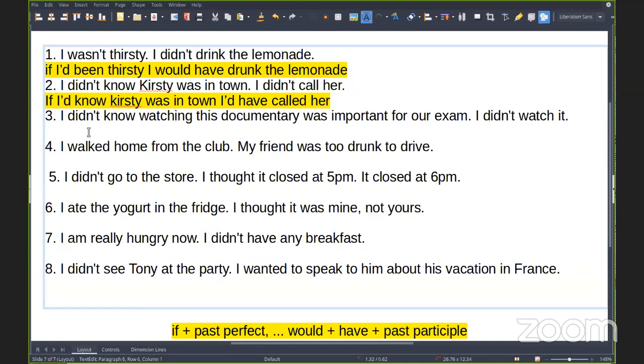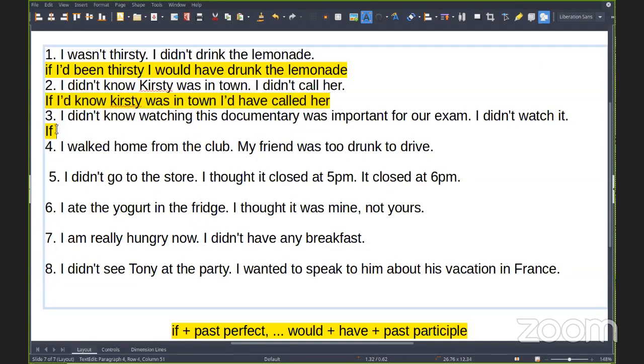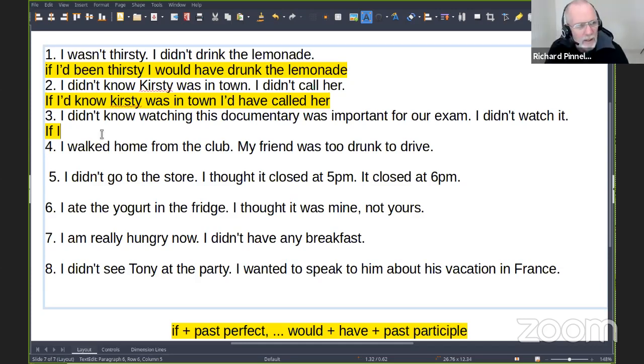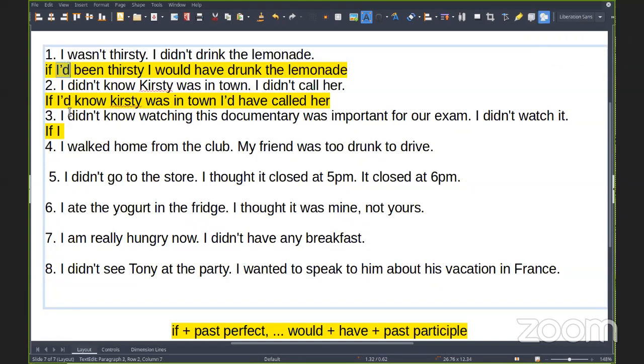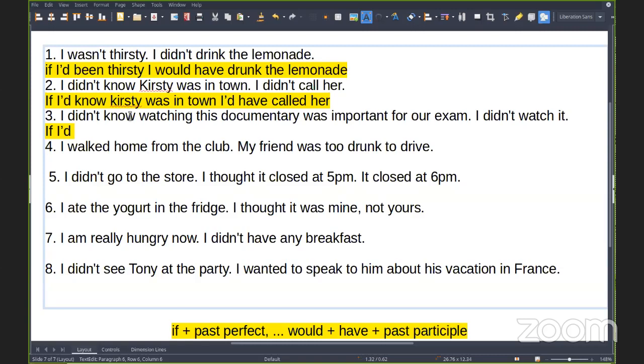If I would know it... No, you need to use similar structure to these other ones, Carlos. What's the next word in the others? I did, yeah, very good. If I had or I'd know it.